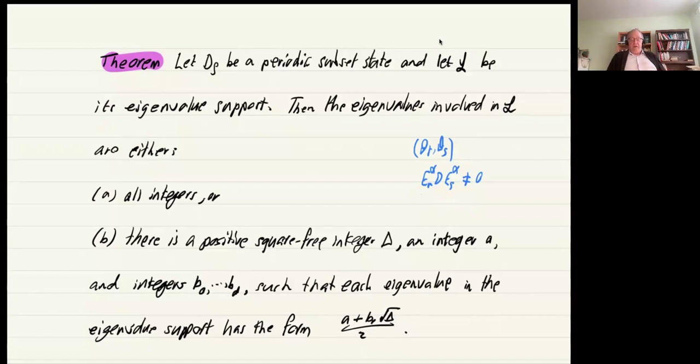So the theorem is that in this situation, when I talk about the eigenvalues involved in the eigenvalue support, I'm thinking of the theta R's and theta S's, not the pairs. Now the claim is that if we have a periodic subset state, then either the eigenvalues are all integers, or there's a positive square-free integer delta, an integer A, and integers B_0 through B_d, such that each eigenvalue in the eigenvalue support has the form A plus B_R root delta.